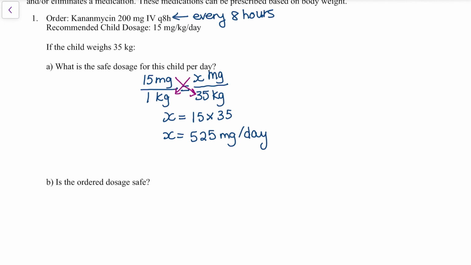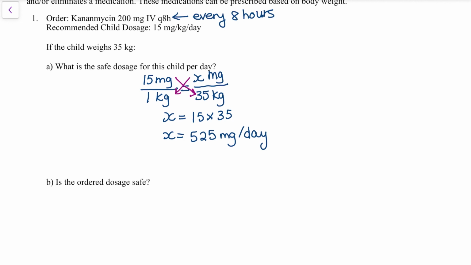So the recommended dosage is 525 milligrams per day. The next question is, is the ordered dosage safe? Now, we weren't given a safe dosage range for this medication. We were given 15 milligrams per kilogram per day. So ideally, the child would be prescribed exactly 525 milligrams per day.